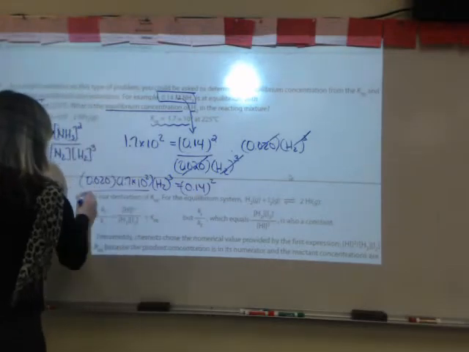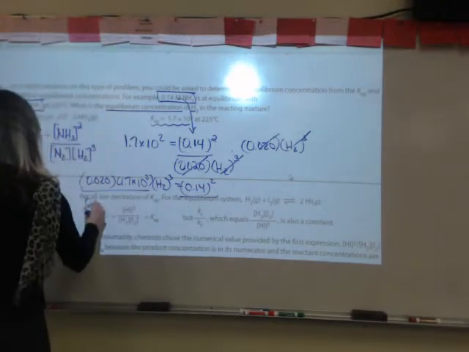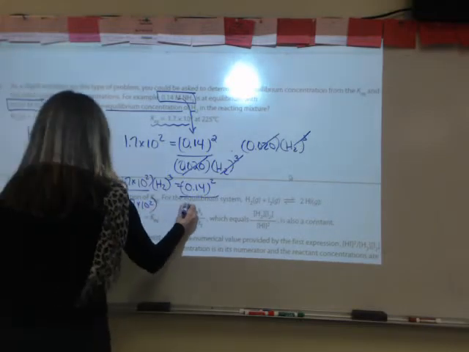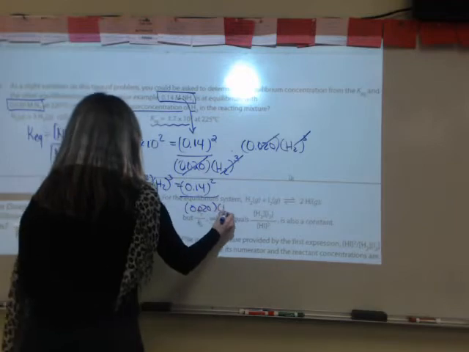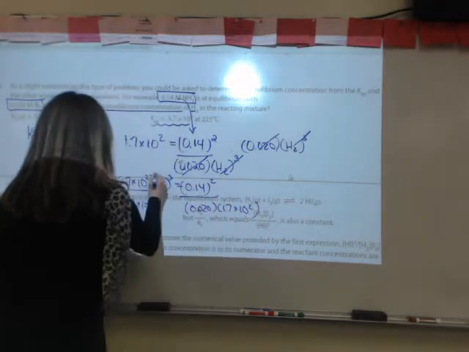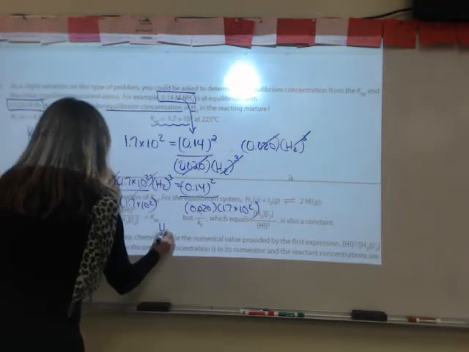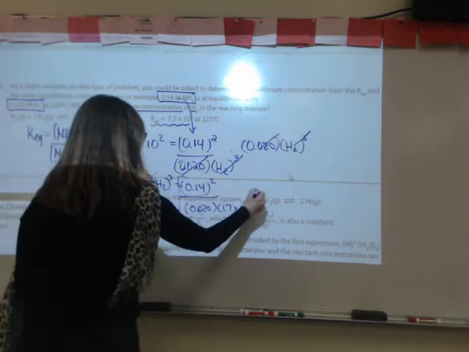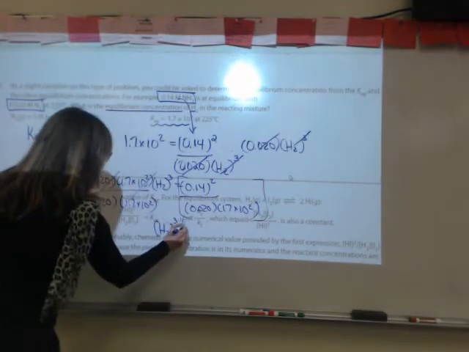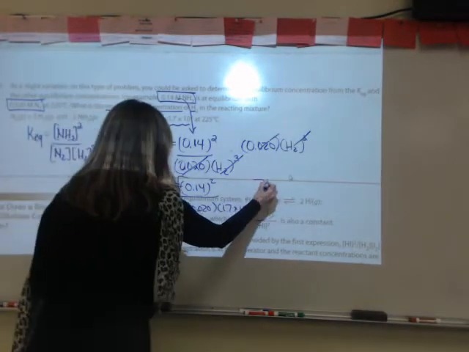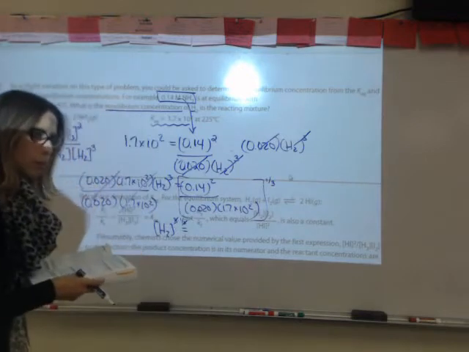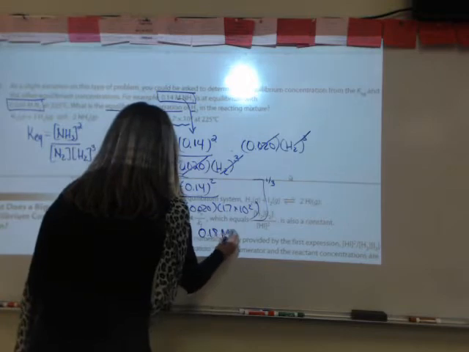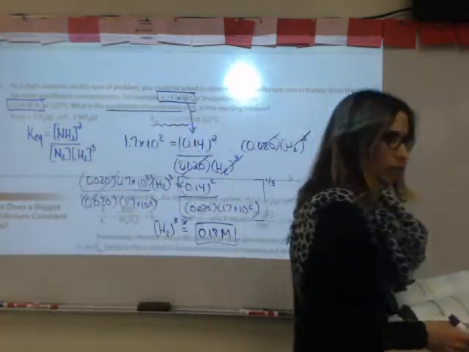You're going to divide both sides by 0.02 and 1.7 times 10 to the second, so these are canceling. Then you're going to solve for the concentration of H2. Whatever this is, you have to raise it to the 1/3 power so you can cancel out, since it's the cubed root, the exponent on H2. And then you're going to end up with 0.18 molarity for the concentration of H2.